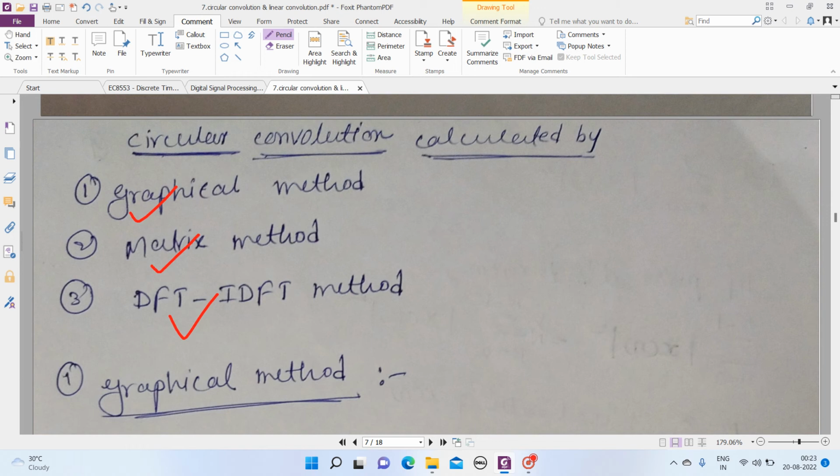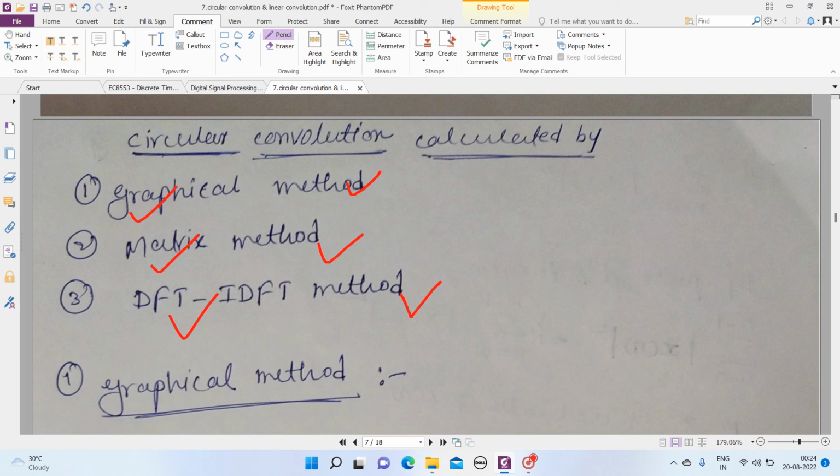In the exam, they won't ask you to solve using a specific method. They will ask you to solve the circular convolution for the given sequences, so you can apply either the graphical method, matrix method, or DFT IDFT method.